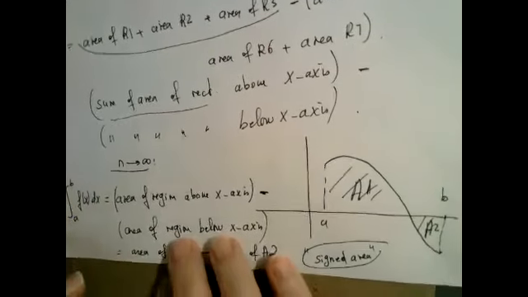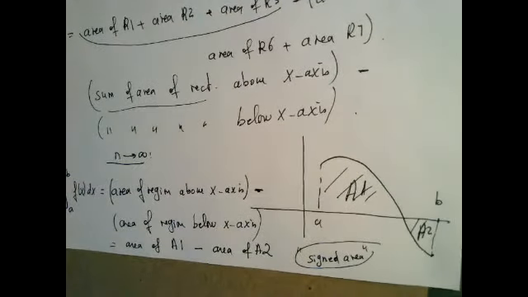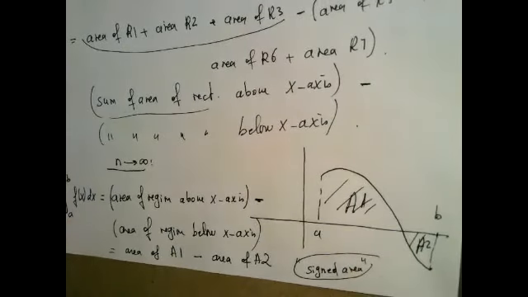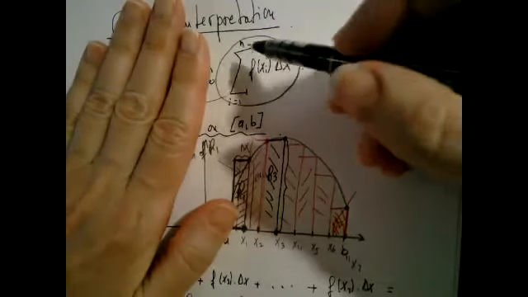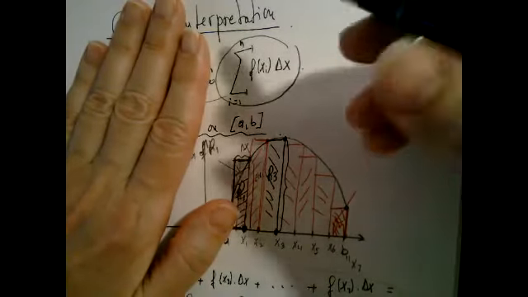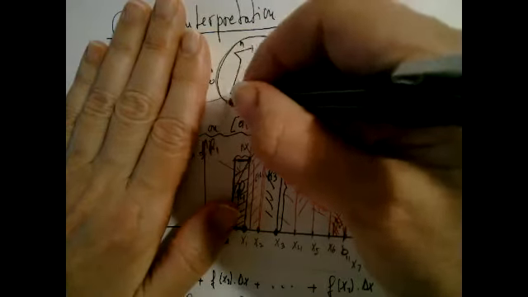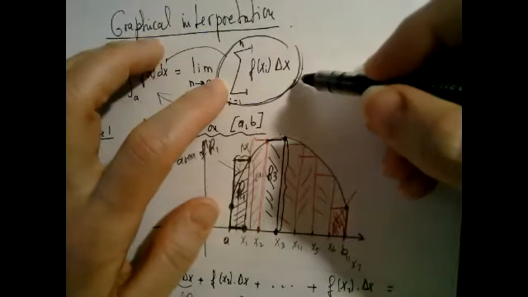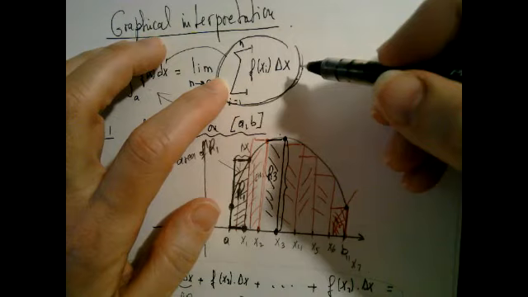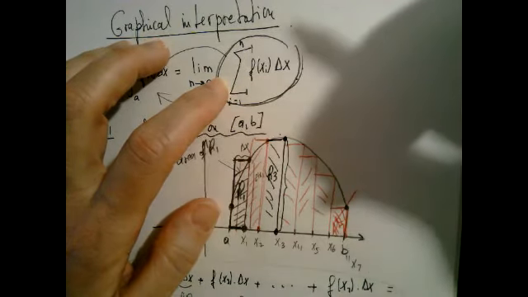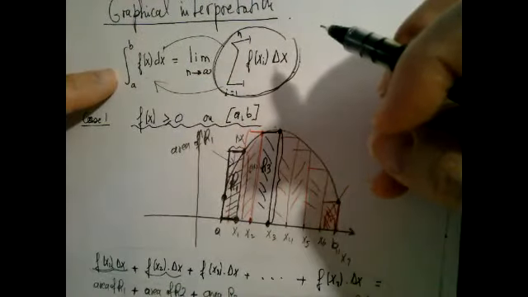All right, so what I'm trying to do in this analysis is to emphasize the following idea: the definite integral, its definition, is this sum. It's the Riemann sum. We take this Riemann sum for a larger and larger subdivision, and what we get is really what we mean by the definite integral.